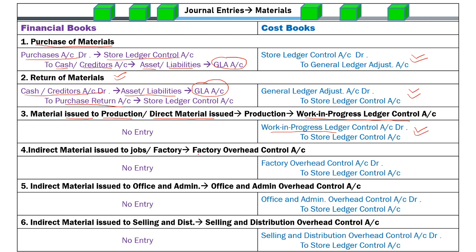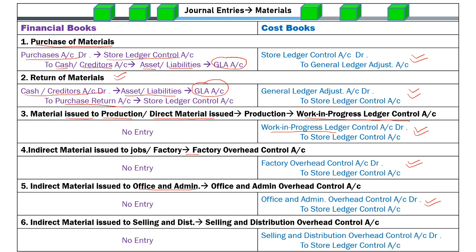In case of production, we debit WIP ledger control account to store ledger control account. In case of indirect material issued to factory, our entry is factory overhead control account debit to store ledger control account. In case of indirect material issued to office and administration department, our entry is office and admin overhead control account debit to store ledger control account.